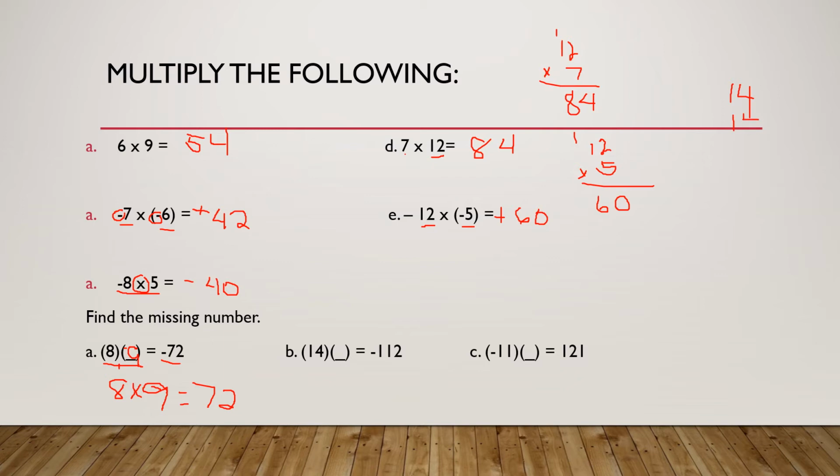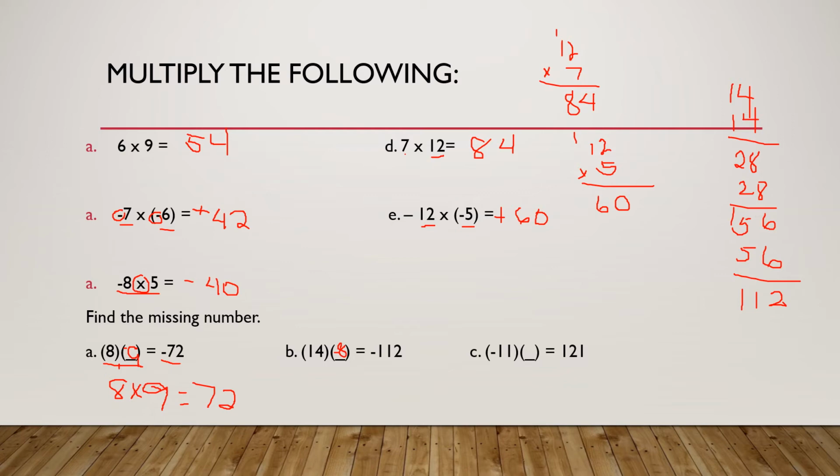You add 14, we have 28. 28 plus 28, we have 56. 56 plus 56, we have 112. So, how many is that? 1, 2, 3, 4, 8. But the answer is negative, so we have negative 8. Okay? The answer is negative 8.